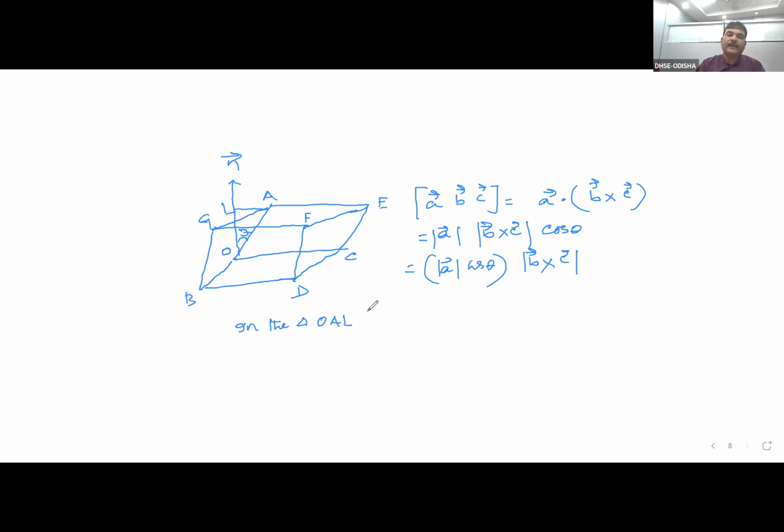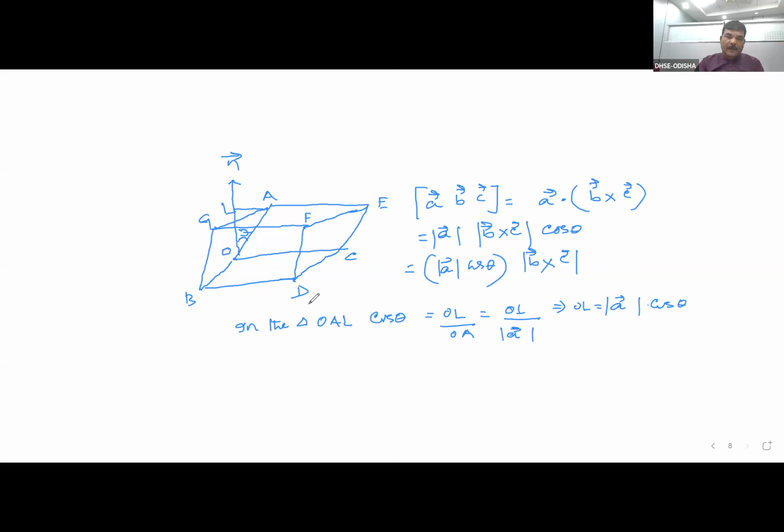In the triangle OAL, cos theta equals OL by OA, OL upon OA. OA is the magnitude of vector A, so cos theta equals OL upon magnitude of vector A. This implies OL is equal to magnitude of A into cos theta.